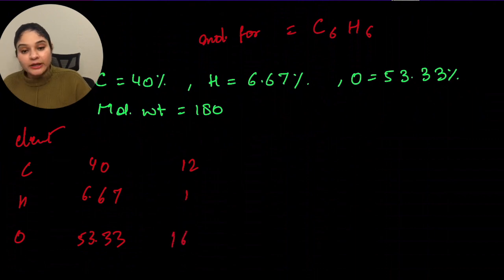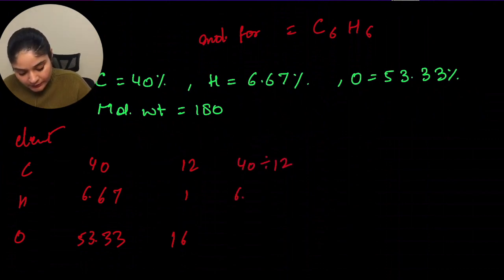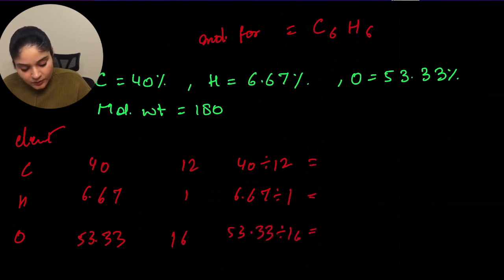Now let's find the relative number of atoms. That would be 46.67 divided by 12, 6.67 divided by 1, and 53.33 divided by 16. Let's quickly find that.